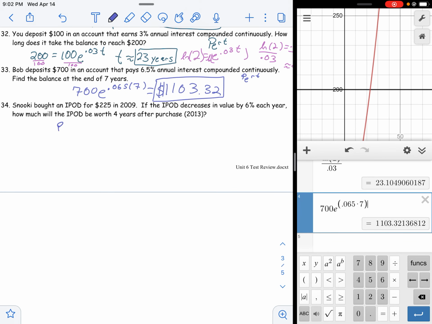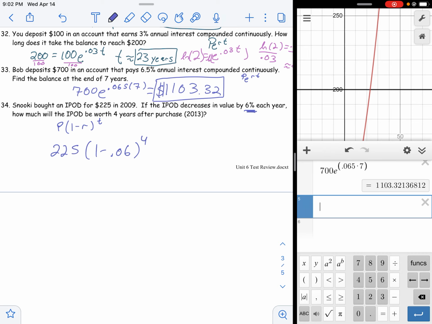So this one, we're going P times 1 minus the rate, because it's decreasing in value, raised to the t. So it decreases by 6% each year. So we started with 225, 1 minus 0.06, and then we're doing it for 4 years.